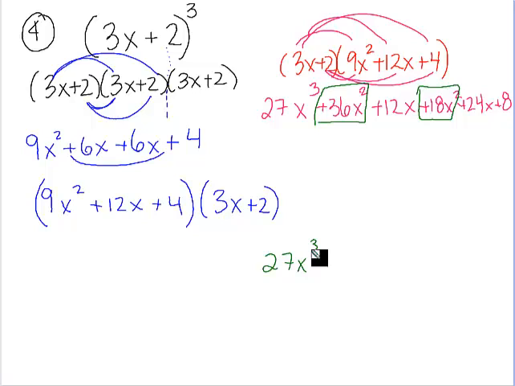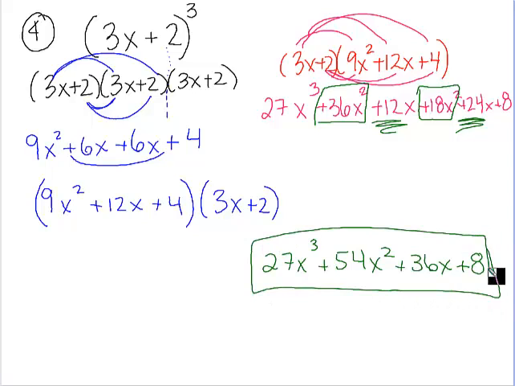Yeah, 54. Plus 54x squared. And then, any other like terms? 12x and 24x. Okay, what would be 12x plus 24x? Plus 36x, and then plus 8. Is that okay?